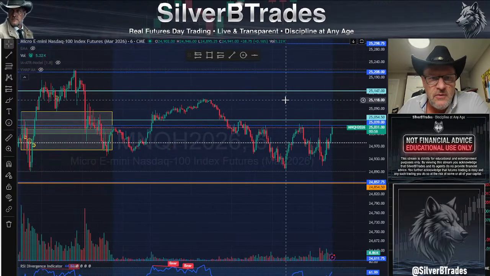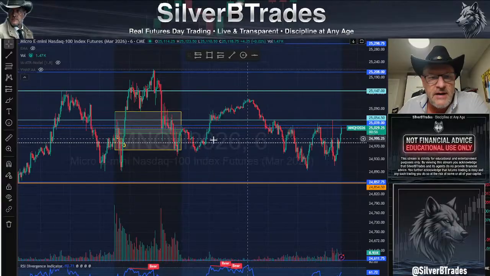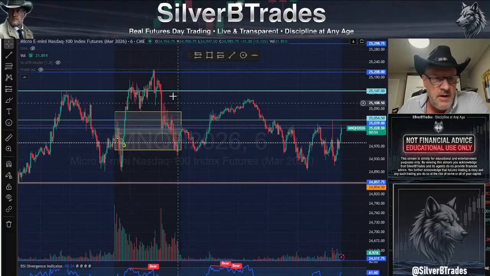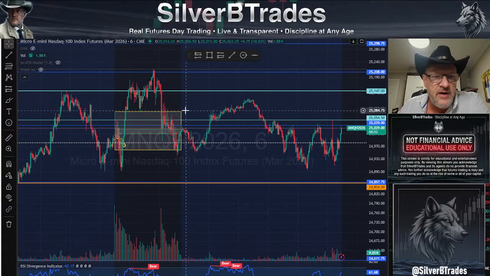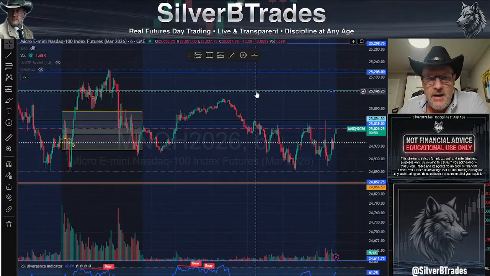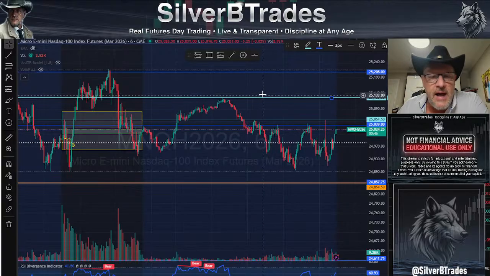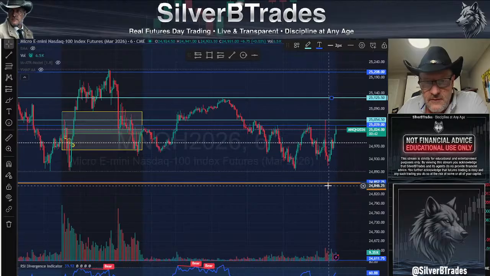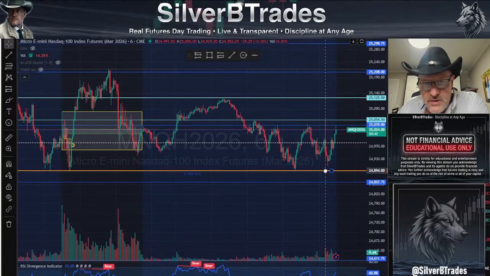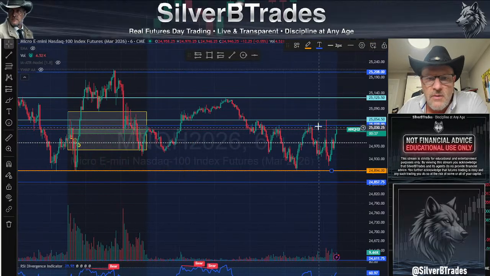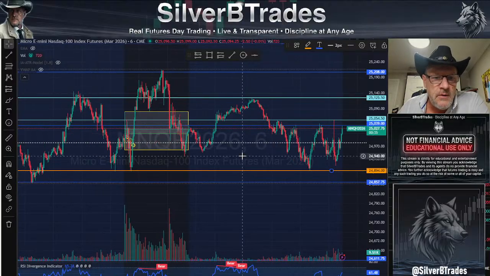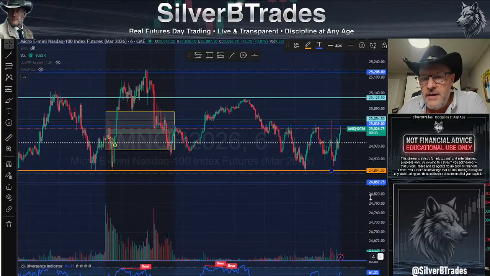So what I like to do is, this is the overnight chart here, and this is yesterday's regular session action. So I set this thick, kind of light blue line up here as the high of the overnight. Got this line I put at the low of the overnight. Looks like we're about right in the middle of that, which doesn't surprise me for today.